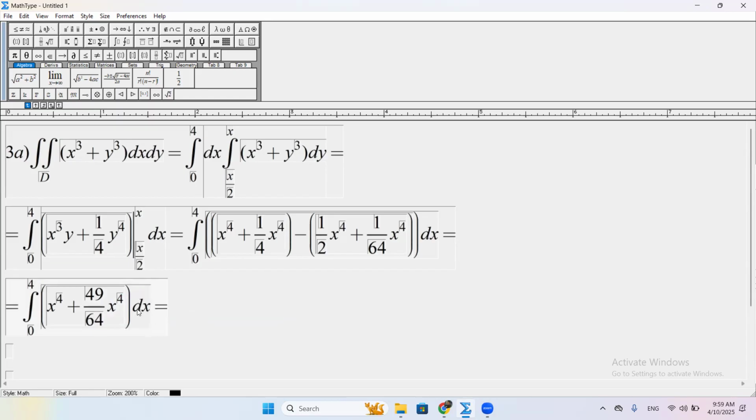And then, yeah, let's also add this value. So 64 plus 49, 113 should be, if I'm calculating correctly. 113 over 64, and we have the following integral.